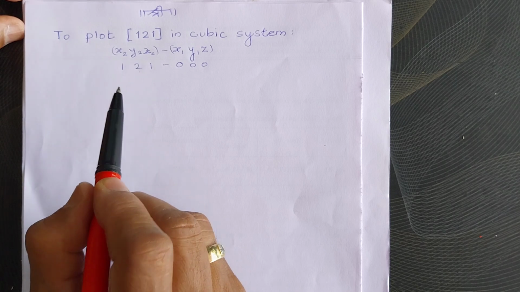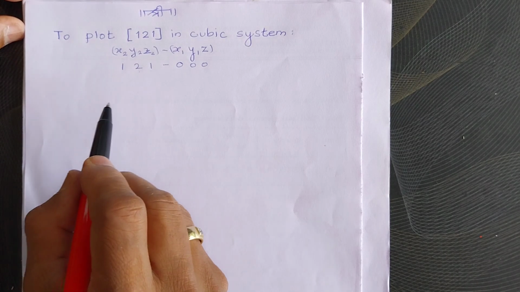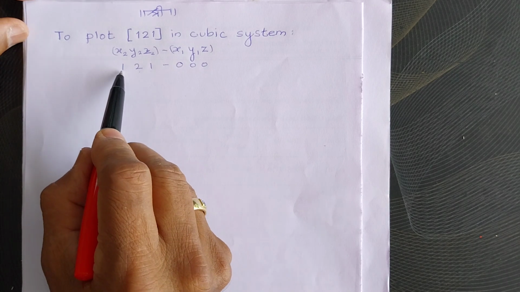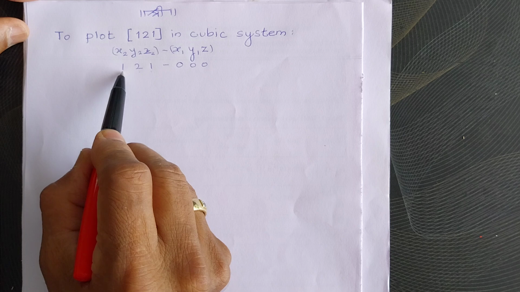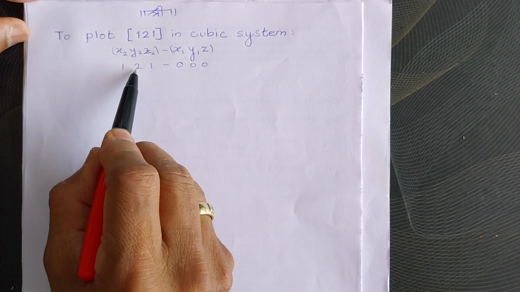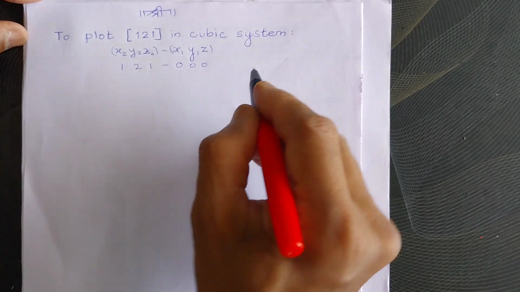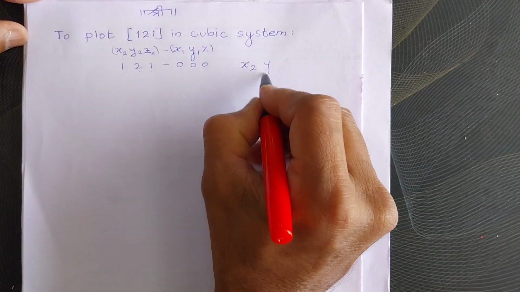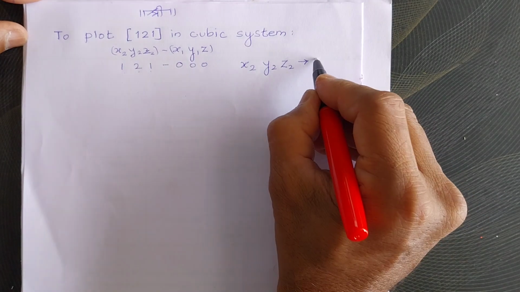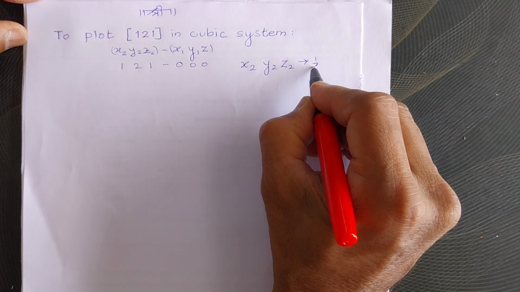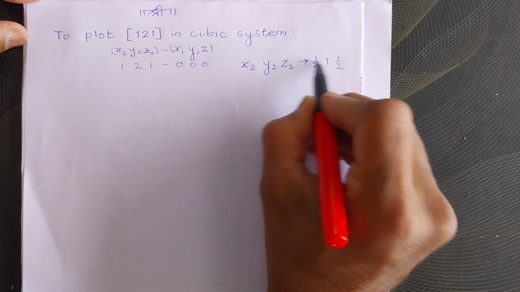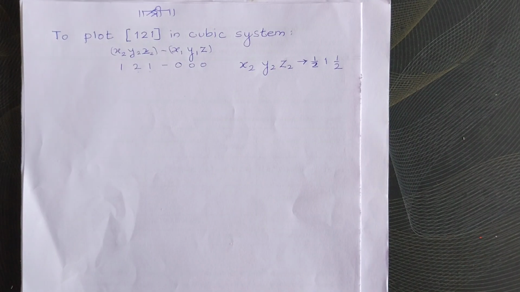Instead, in order to fit the given direction in a single unit cell, we maintain the proportion by dividing these numbers by the largest number available. So in this case, our x2, y2 and z2 coordinates would become respectively 1 by 2, 1 and 1 by 2. And we're going to mark this point on the unit cell.